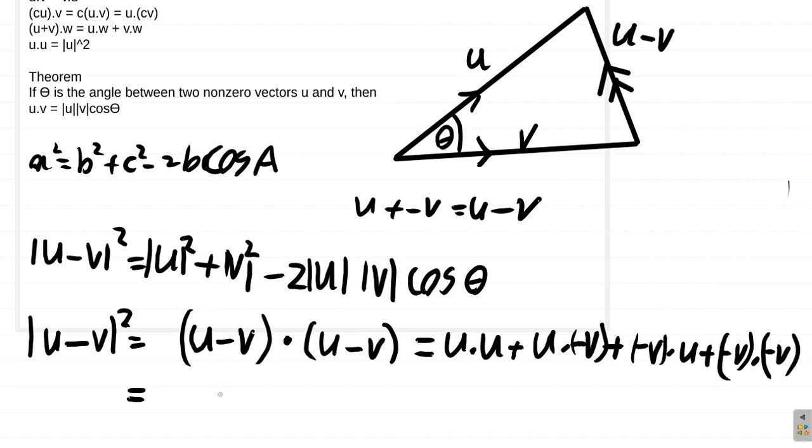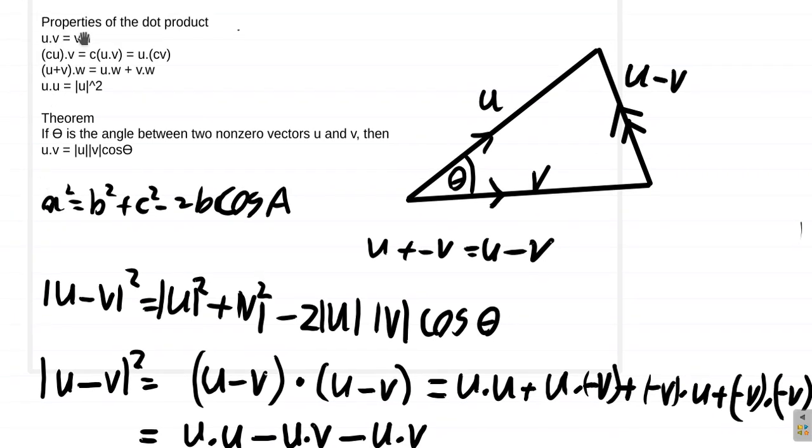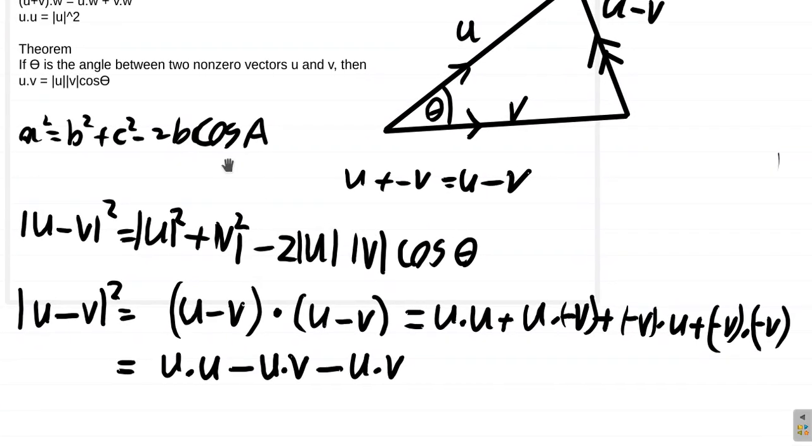So let's rewrite it. u dot u minus u dot v minus v dot u, which is the same as u dot v. Remember the property up here, u dot v is the same as v dot u.